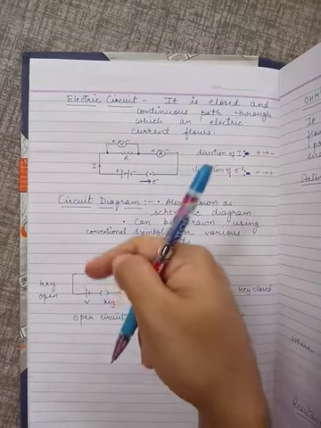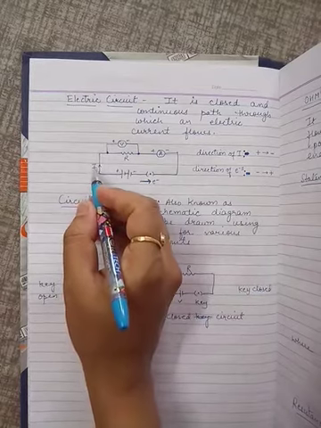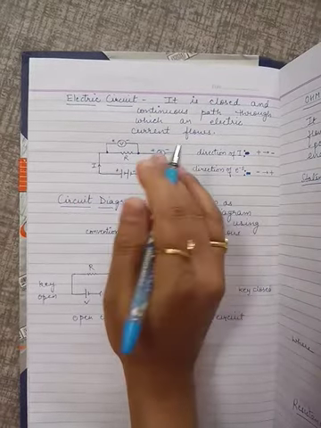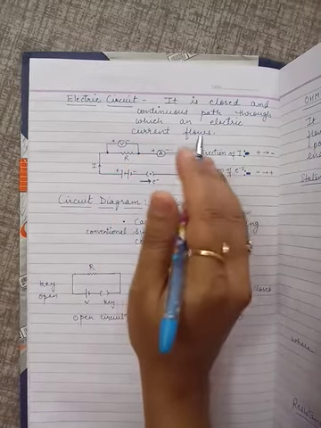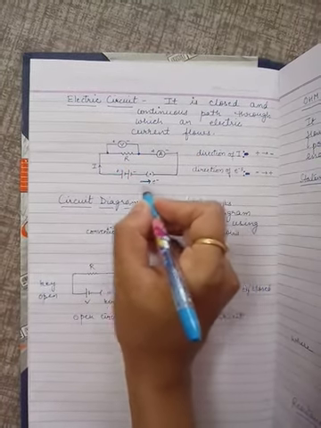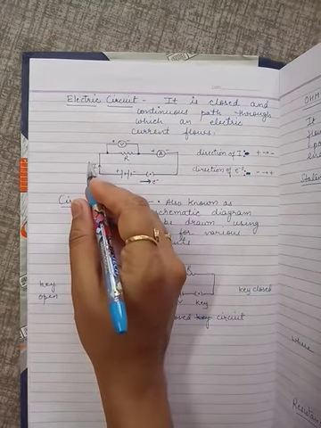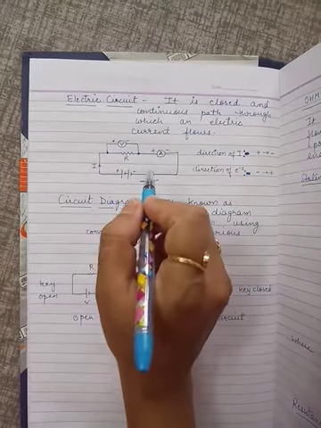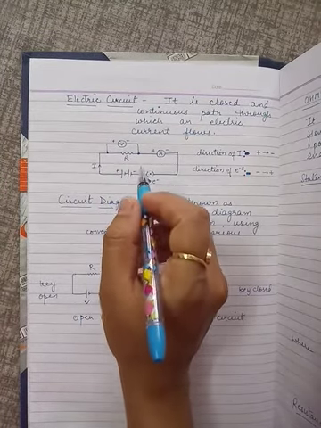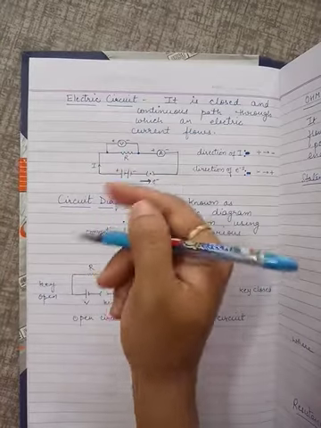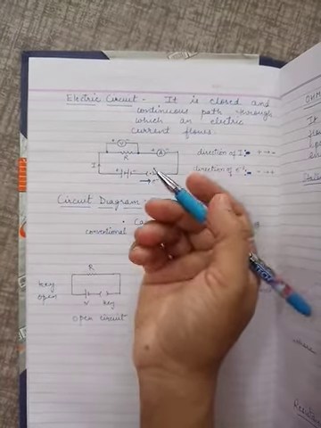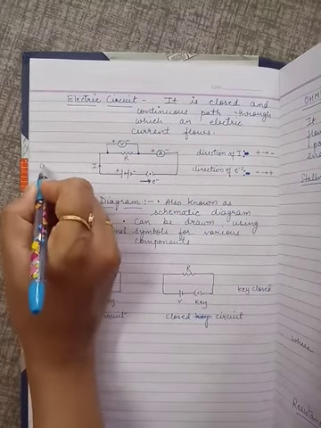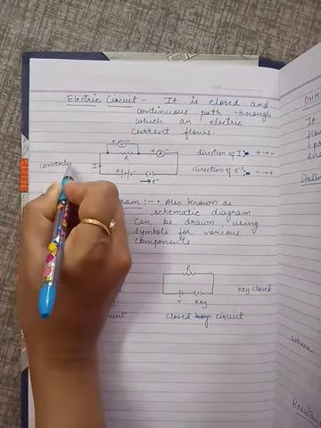So the current direction is taken from positive towards negative. There is no particular logic why electrons are moving this side and current is taken this side. Current direction was decided long back because of the convention only, and that is why it is sometimes known as conventional current.